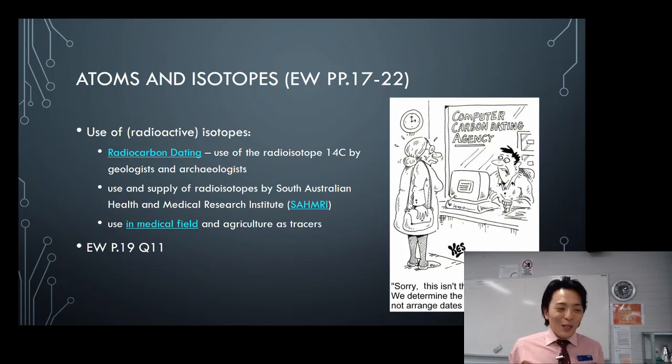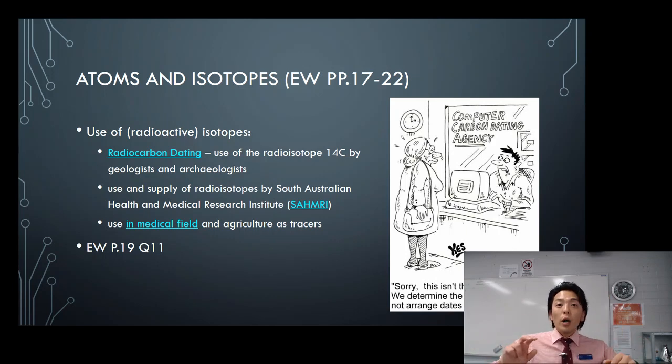Radioactive isotopes are also used in radioisotopes in South Australian Health and Medical Research Institutes. By using radioactive isotopes which have a very short lifetime, you can inject them into the human body and let the person be radioactive for a while.